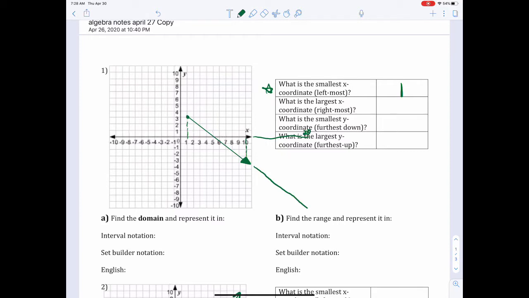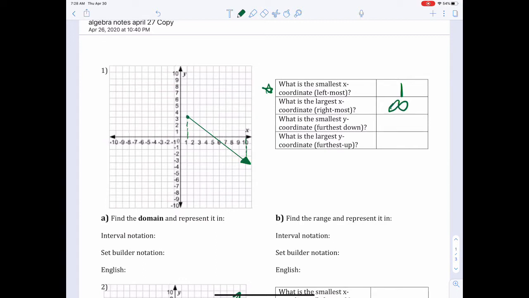So if you see, the x-axis is going to continue going, and this graph is also going to continue going. Here would be 30, 40. So if you get the idea, it's really going to be infinity. It's going to go on forever. So the largest, most right point on the graph is really infinity.